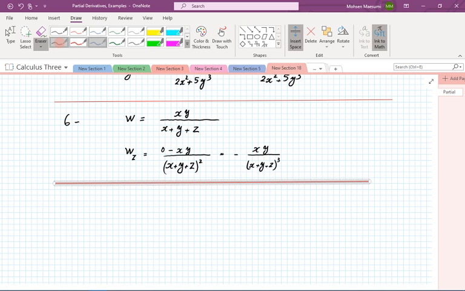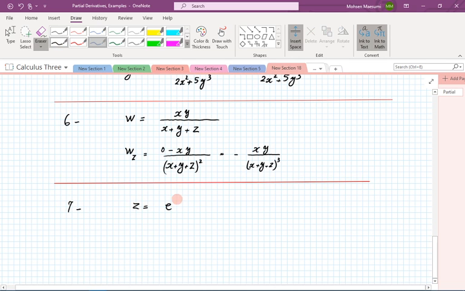Let's do, what else is it that we haven't done. Let's do say z is equal to exponential of minus x squared plus xy plus y squared, and say we are asking for z sub x.